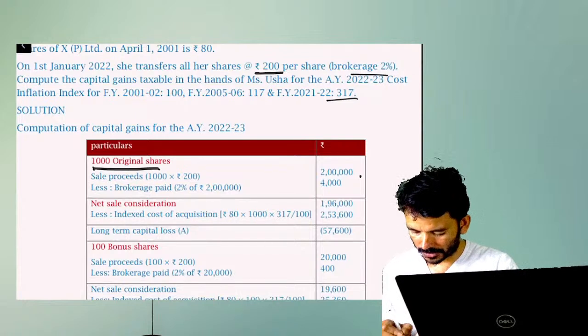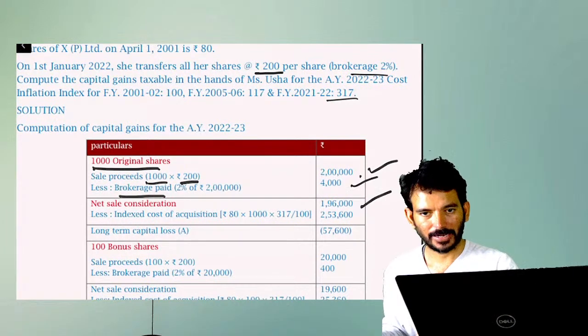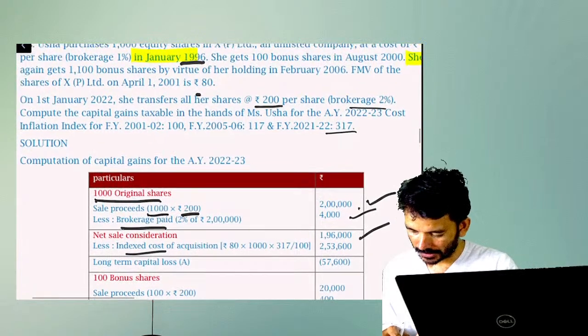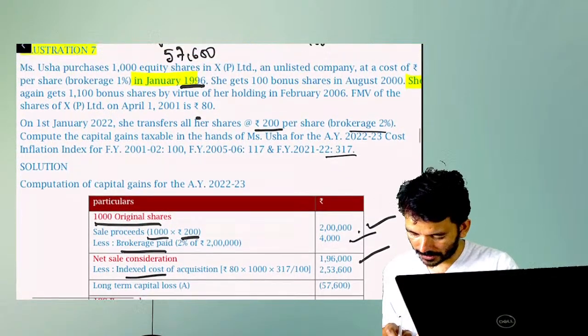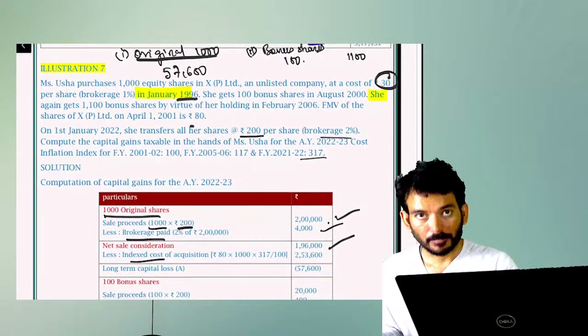For original 1000 shares, 1000 multiplied by 200, that is the sale price. Sale proceeds, brokerage 2% he paid, so net consideration is 196. And the cost of acquisition, initially he bought it at what rate? 30, but you have an option, right?